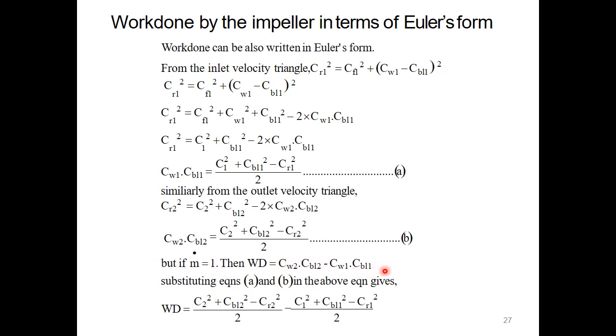For unit mass flow rate, the work done equation will reduce to Cw2 Cbl2 minus Cw1 into Cbl1. Now into this equation we will substitute equations A and B. We will get work done equal to C2 square plus Cbl2 square minus Cr2 square divided by 2 minus C1 square plus Cbl1 square minus Cr1 square divided by 2.